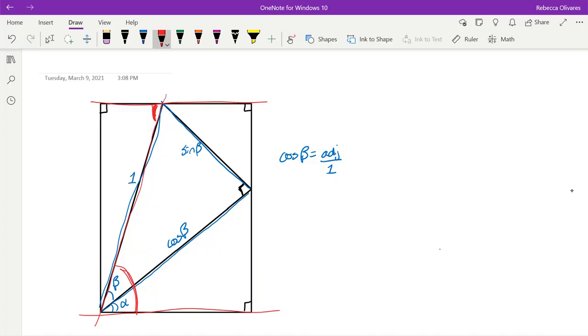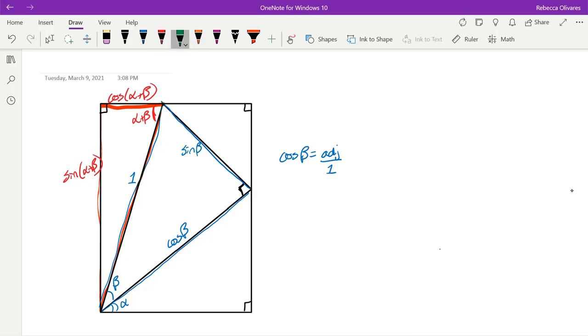So that angle up there in the corner, that's going to be alpha plus beta. So let's do something similar to that triangle. Let's call that the red triangle. For the red triangle, we have alpha plus beta there, and the hypotenuse again is 1. So the adjacent side is going to be cosine of alpha plus beta. And the opposite leg is going to be the sine of alpha plus beta.